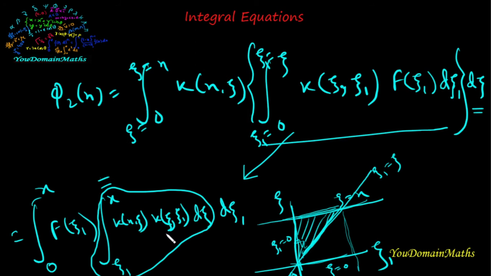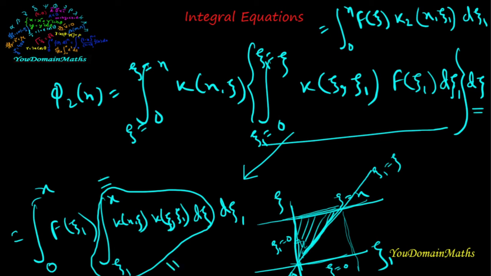So if we write this as K2, it equals the integral from 0 to x of K2(x, ξ1) f(ξ1) dξ1, because the limit is ξ1 and x, so the function is defined as (x, ξ1), and the integrating variable here is ξ1. So this is K2(x, ξ).